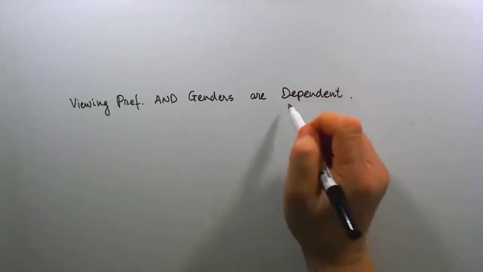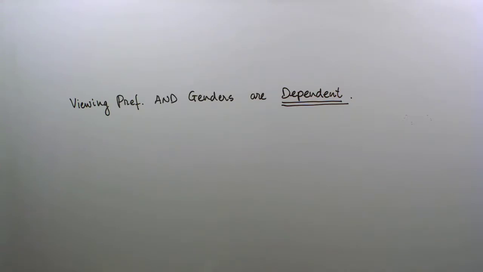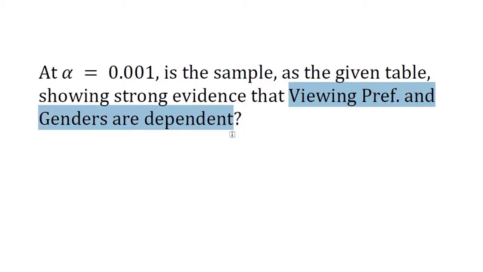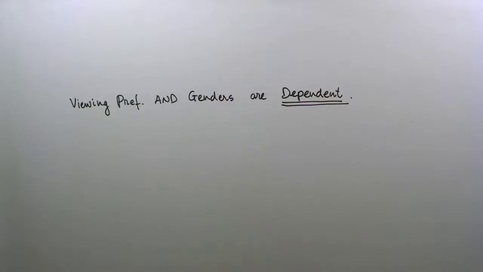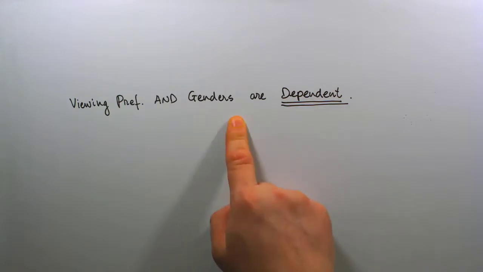Let me now underline this term dependent right here. And again, let me quickly swing back to the computer screen. We're trying to prove, or is the sample showing strong evidence, that viewing preference and genders are dependent. This is the statement that I directly copied down from the question that was brought to us.